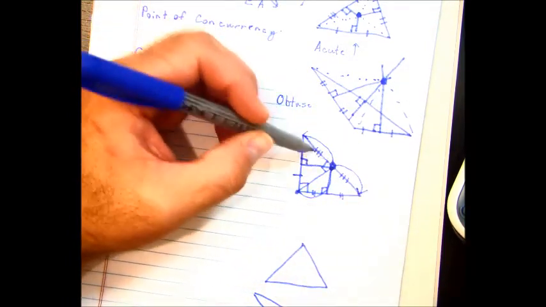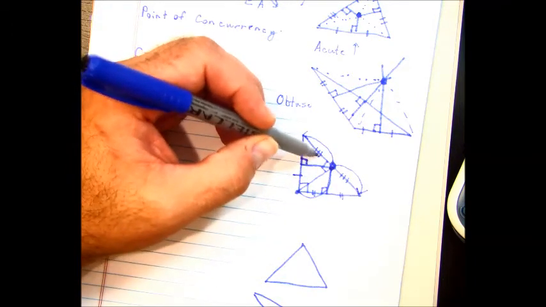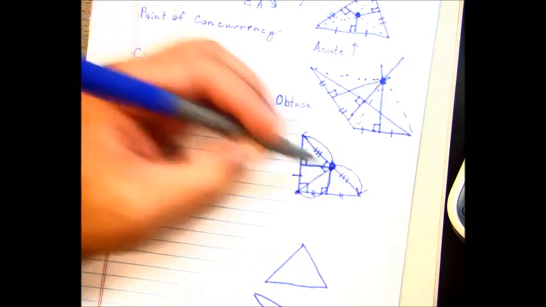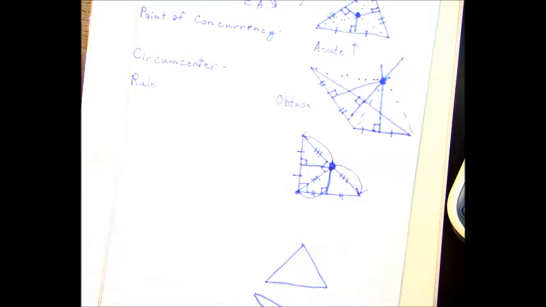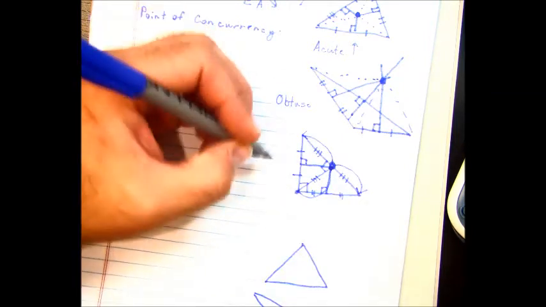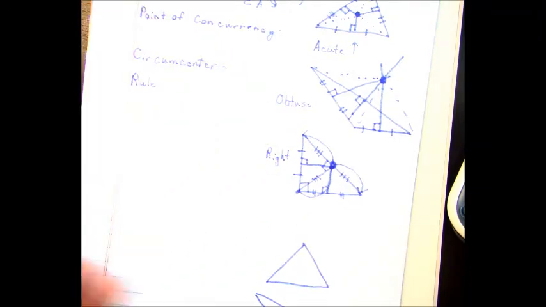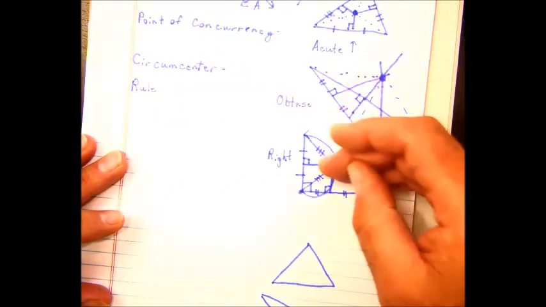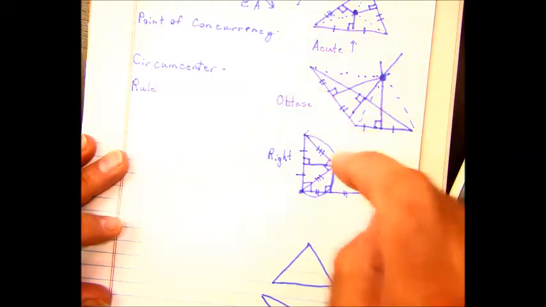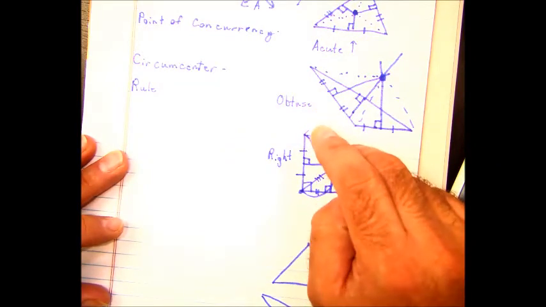So in a right triangle, this distance is already marked the same, which means this distance is also the same. Okay? So this would be a right triangle. So the big key again is acute, obtuse, and right. Acute meets in, an obtuse meets out, and a right meets right on the hypotenuse.